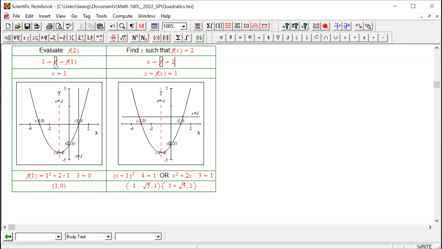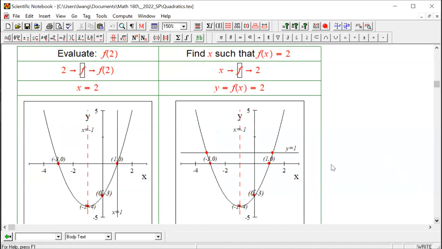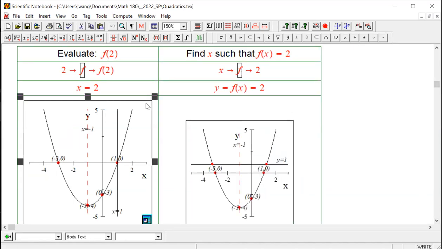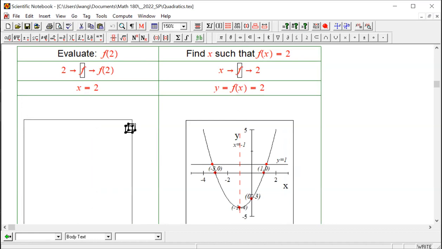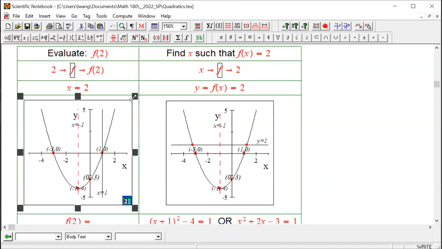So x will be 2, and that's going to be 2. You're going to have to redo all of these things. Everything changes to 2, so you'll add the vertical line and horizontal line to the picture.